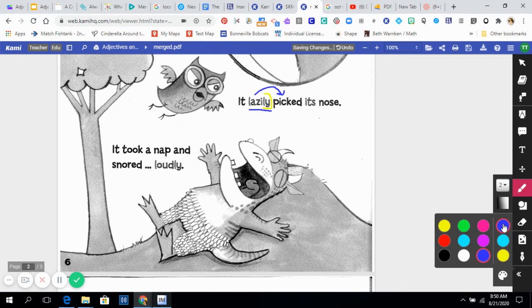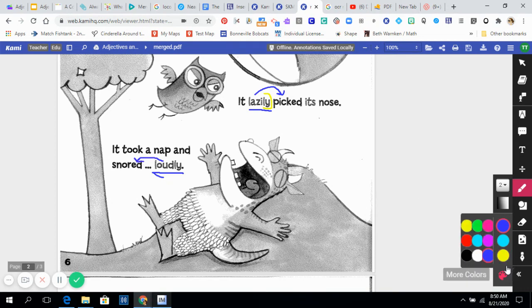It took a nap and snored loudly. How did it snore? Loudly. So again, here is the adverb loudly. It's describing the snore. And do you see what I see?